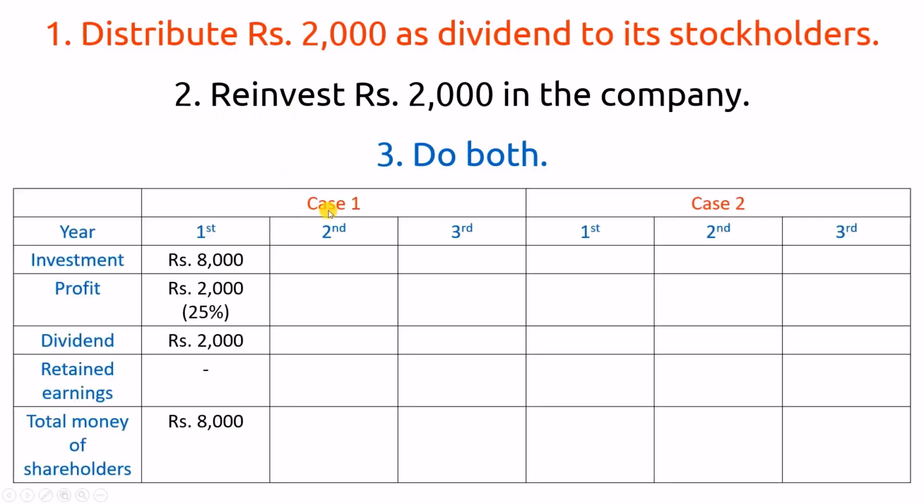So here are the cases. Case 1 is this: distribute 2000 entirely as dividend to stockholders. Case 2 is point number 2: reinvest 2000 entirely in the company. Now first year, what happens? Investment is 8000 rupees. What is this investment?